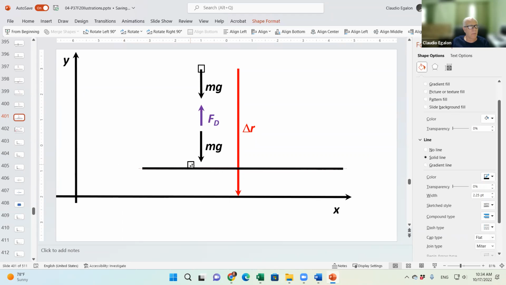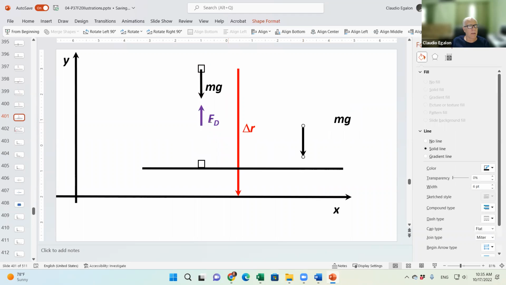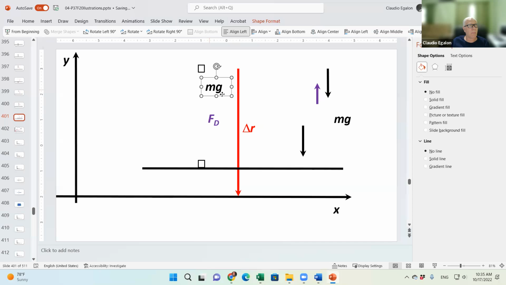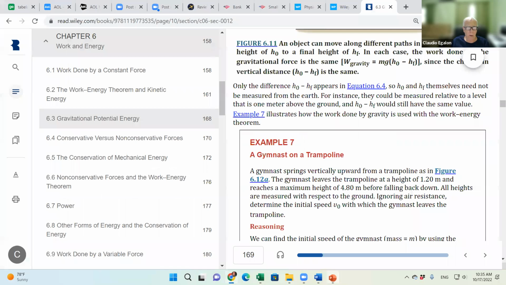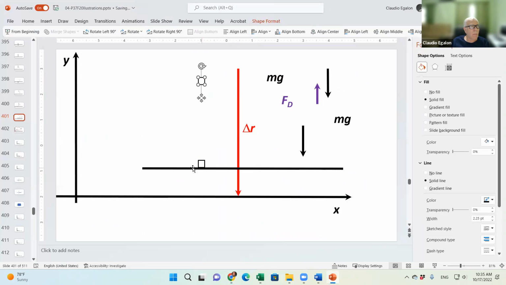The gymnast is right here, 1.2 meters, right? Let me clean up everything here. And then he's jumping upwards. Initial height is 1.2 meters. Maximum height is 4.8 meters. Here is 1.2 meters. Here's 4.8 meters.